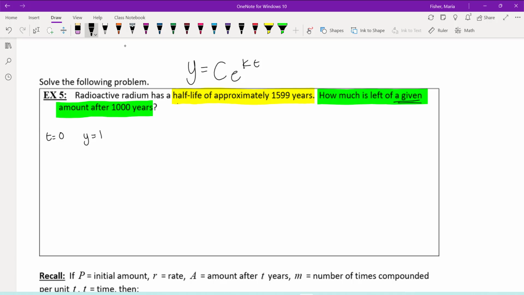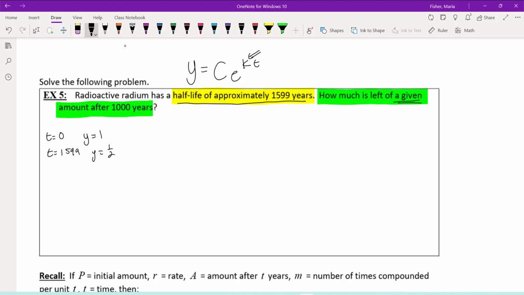And then since your half-life is 1,599 years, when t is equal to 1,599, you'd have half of that left, which is a half. Well, that's enough information to solve for k, your rate for this problem, to then help us figure out how much is left after 1,000 years.